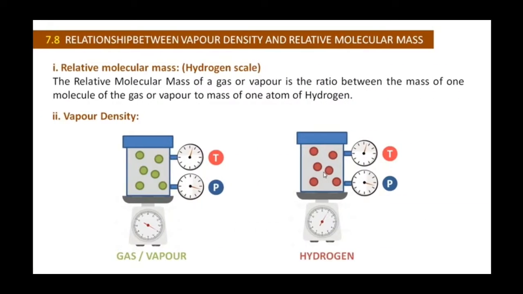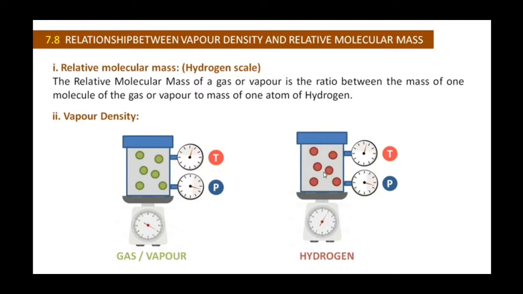Now, let's move on to the next term, vapor density. You know what is density? It is mass by volume. Now, we are going to take a gaseous molecule and hydrogen molecule in two separate containers.